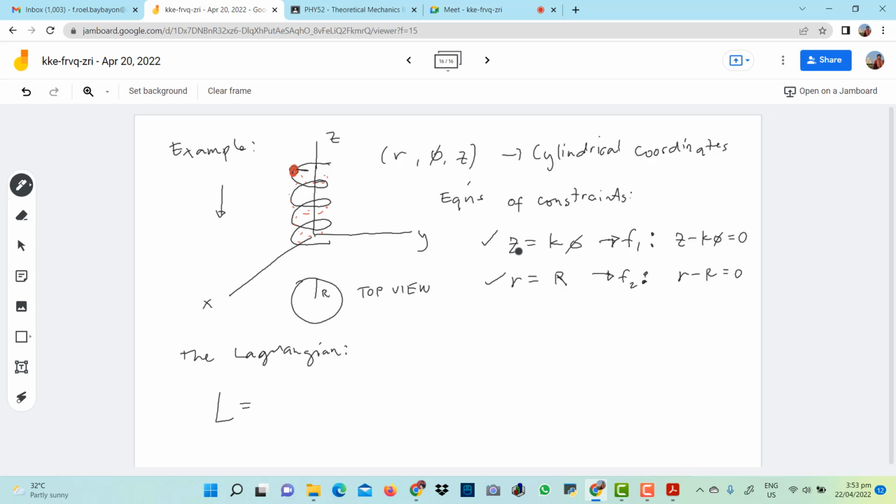Take note, your mass m is also rotating with respect to the variable phi.